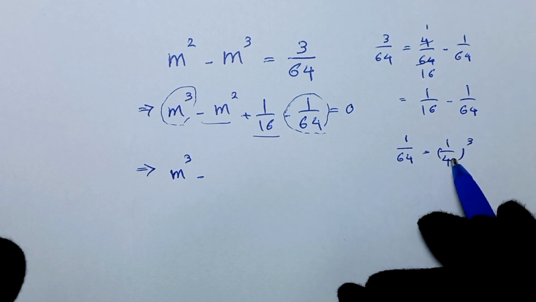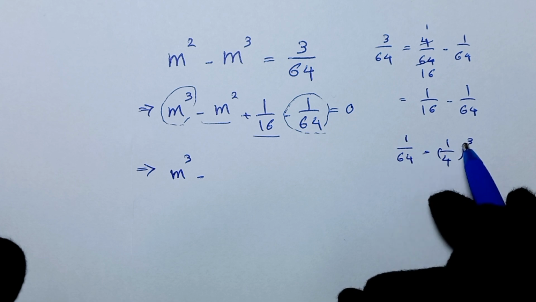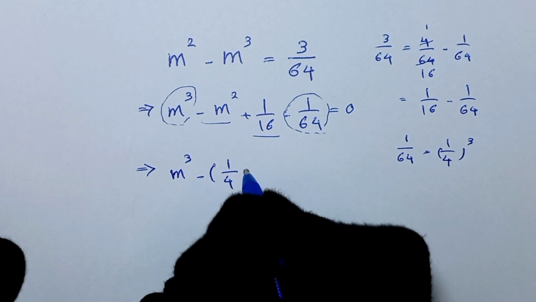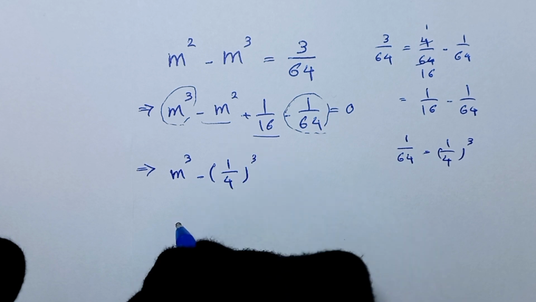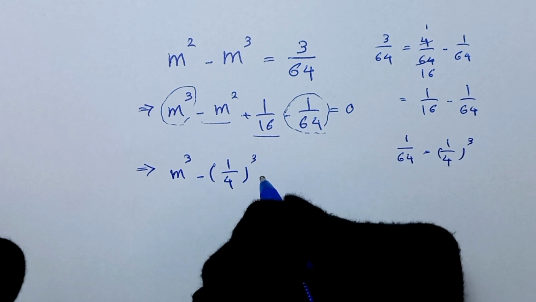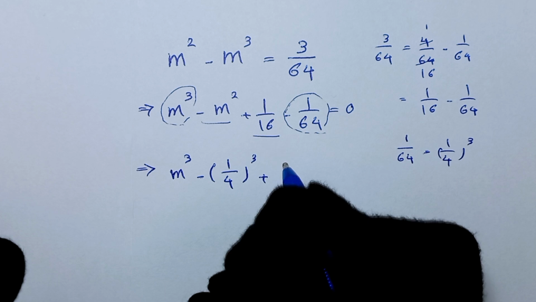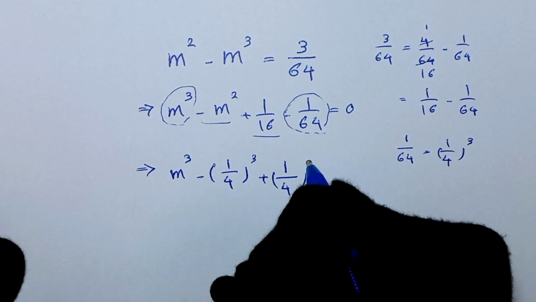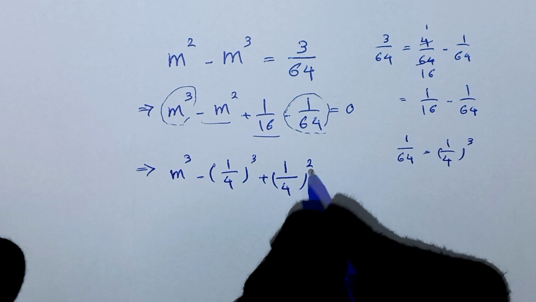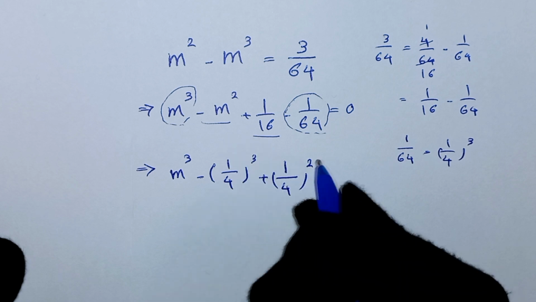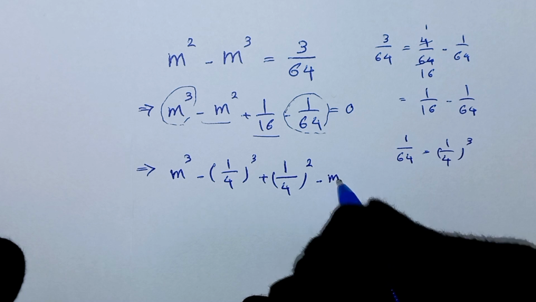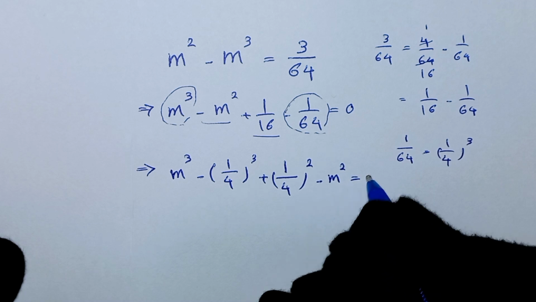Because 4 to the power of 3 is 64 and 1 to the power of 3 is 1. So we can write this as 1 over 4 to the power of 3. And plus 1 over 16, and 1 over 16 is 1 over 4 to the power of 2, right? Because 4 to the power of 2 is 16 and 1 to the power of 2 is 1. And minus this m squared, okay, is equal to 0.